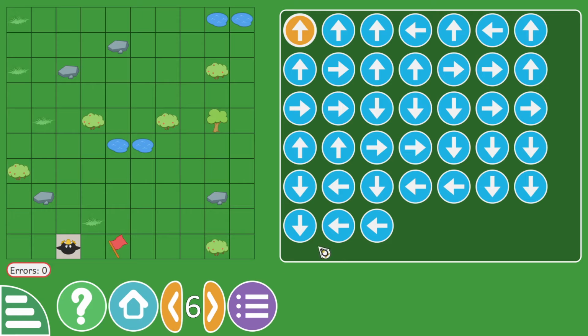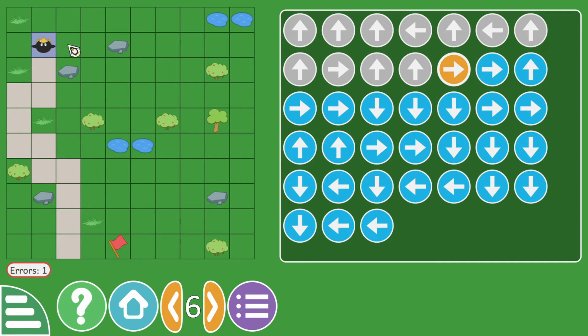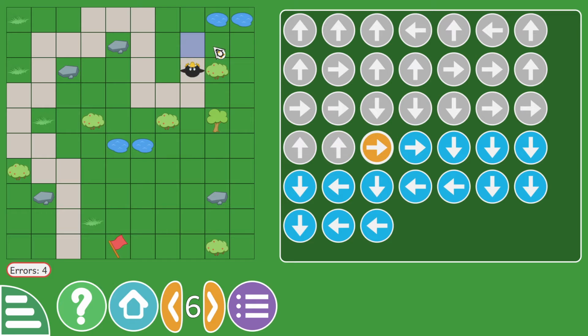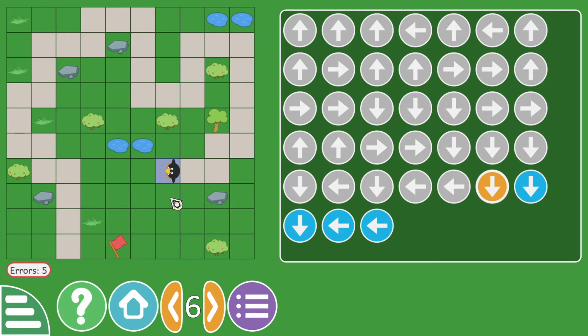Just do one more, but make it a little bit more complicated. So north, north, north, west, north, west, north, north, east, north, north, east, east, north again, east, east, south, south, south, east, east, north, north, east, east, south, south, south, south, west, south, west, west, south, south, south, west, and west.